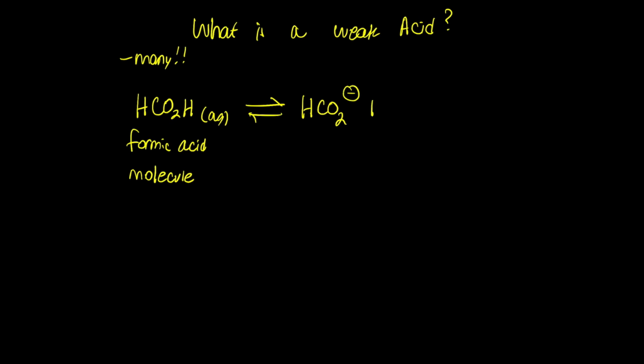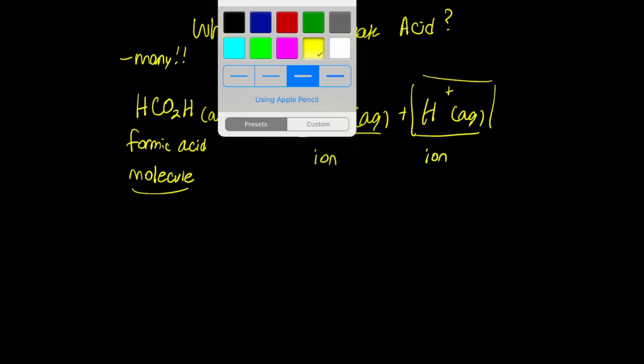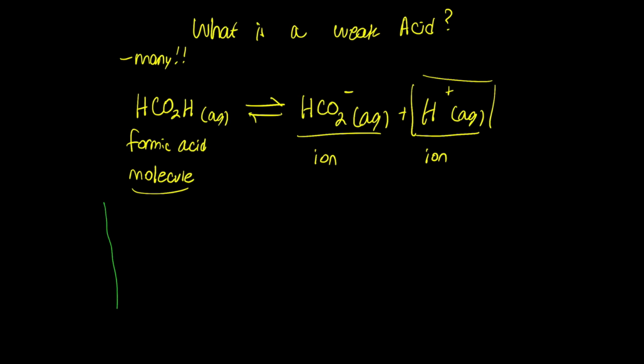So these are both aqueous, and we want to write the phases of the ions present. So H+, remember again, is the business end of an acid, and then we form the conjugate base as well. So let's label what's going on here. So we have two ions that are being produced here, and we have a molecule in the starting point.